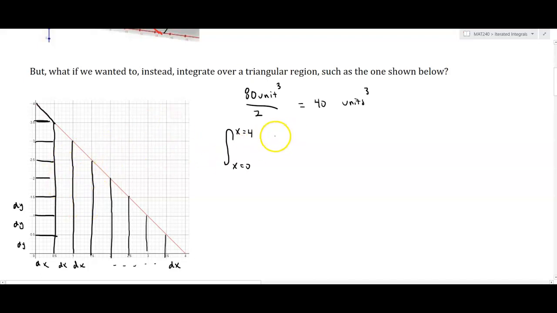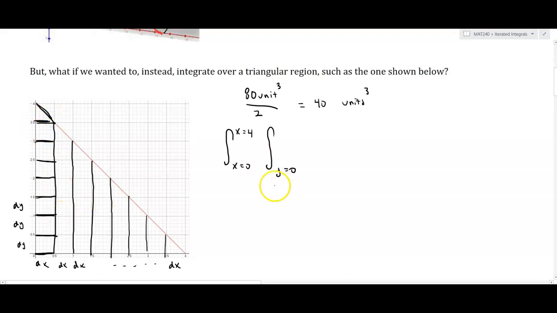Then I need to add up the individual volumes along each of these columns. I start at y equals 0, down here. That's where my strips start. But where do I stop? I stop once I hit the line.